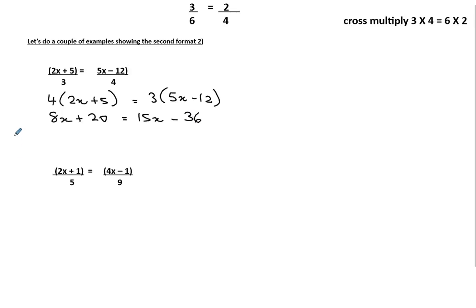And now we've got a simple linear equation. Minus the lowest letter, so minus 8x. And you've got 20 equals 15x minus 8x is 7x minus 36. The x is on that side, so we will add the 36, and you get 56 equals 7x.